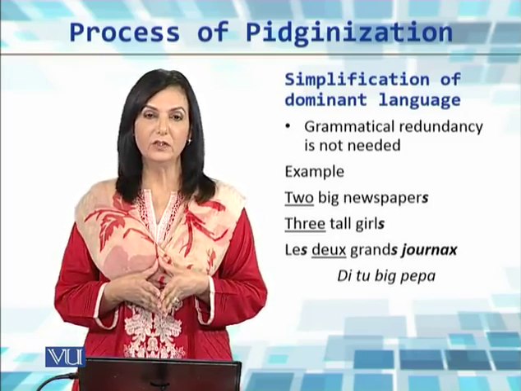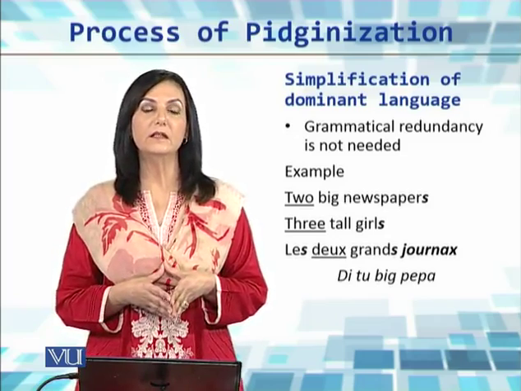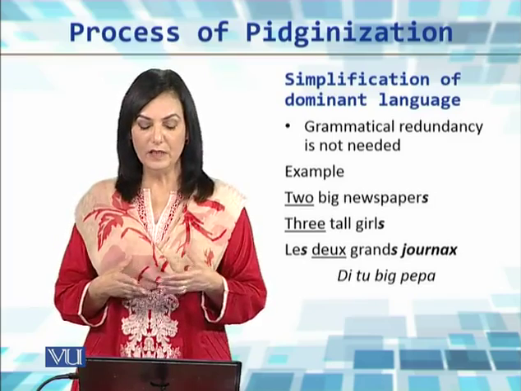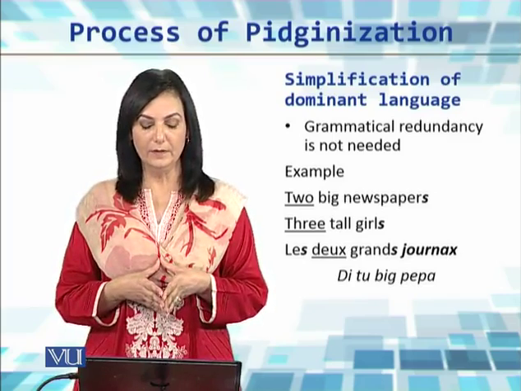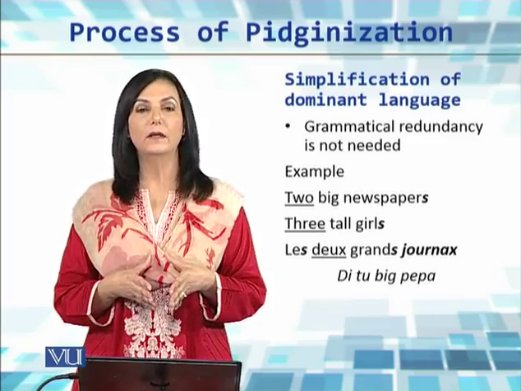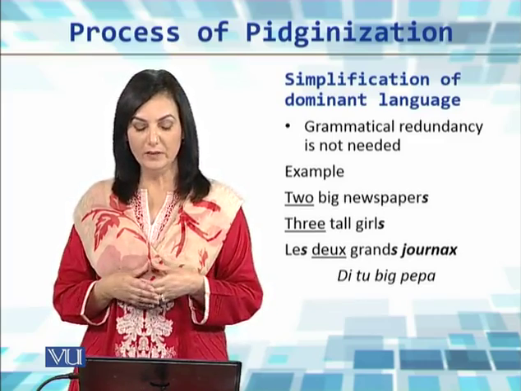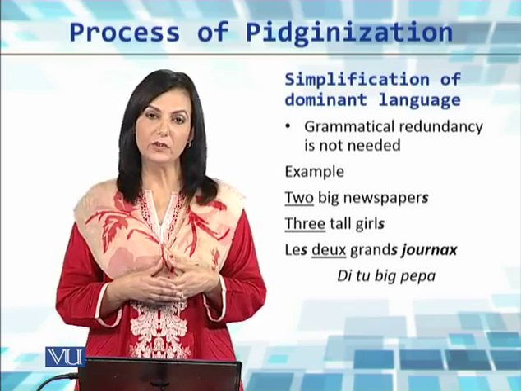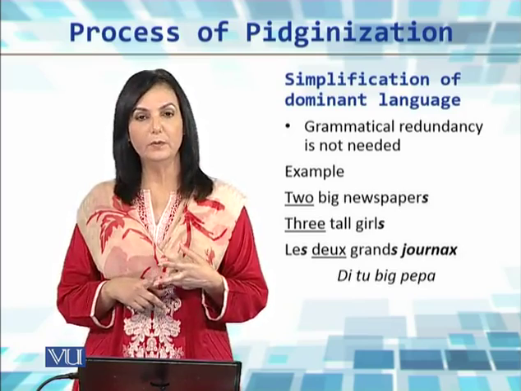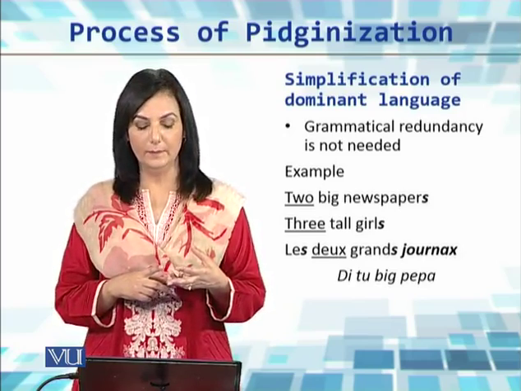In French, this grammatical redundancy is found even more. For example, in English, the redundancy was only by the pluralization of the noun. In French, this pluralization is indicated by the adjective, the noun, and also the article.